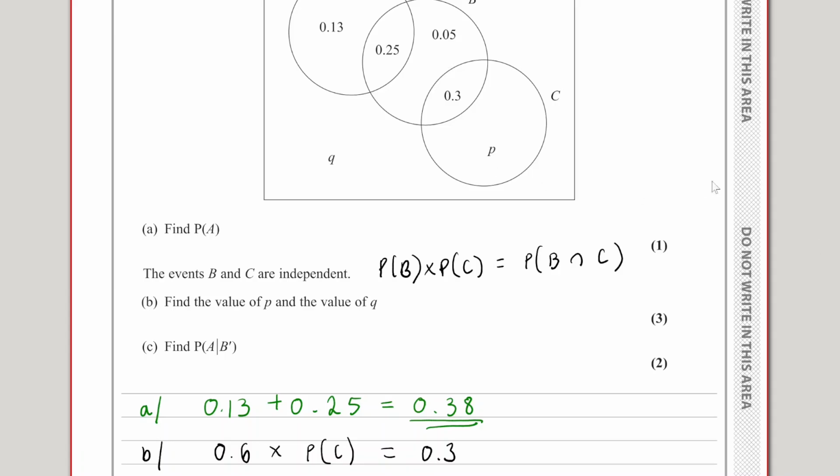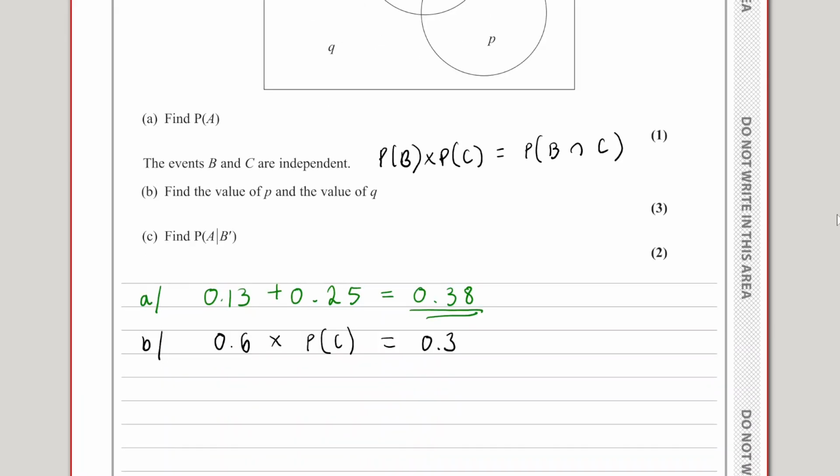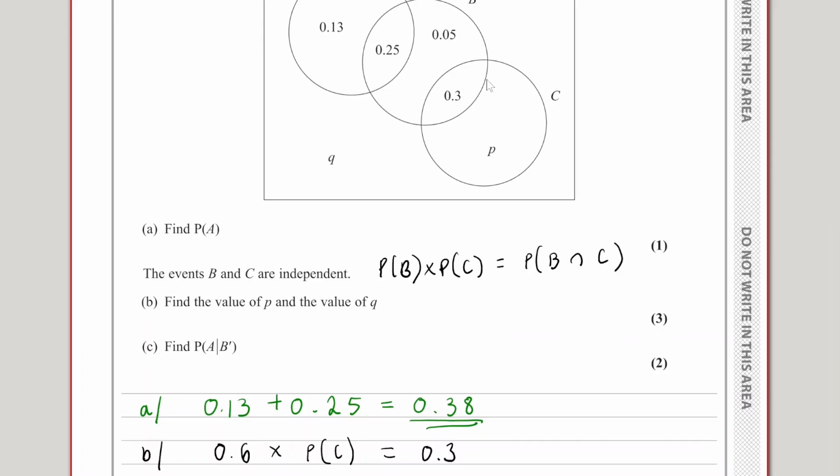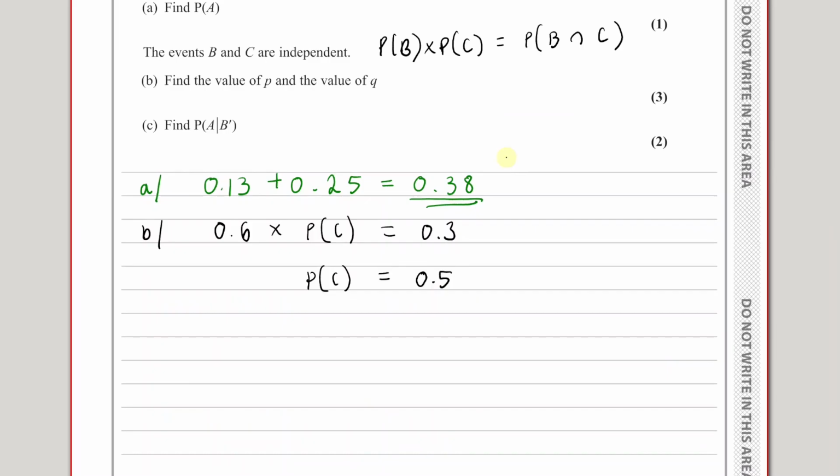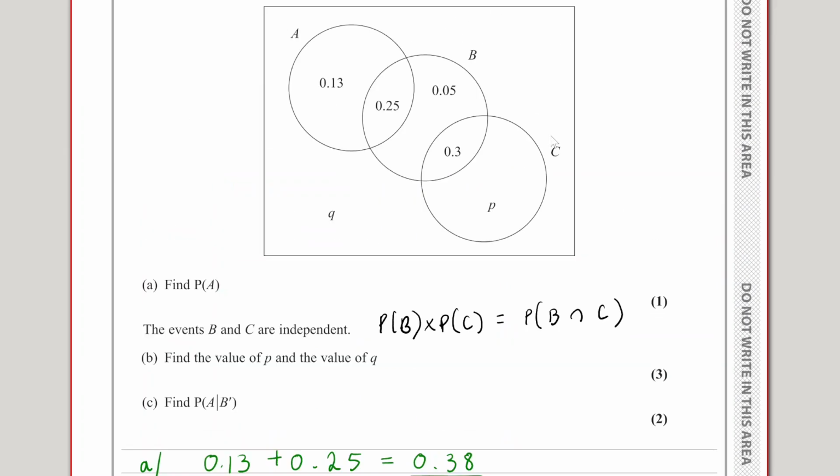And that means, divide both sides by 0.6. The probability of C is a half. And so P is half, take away 0.3, which is 0.2. So we know P is 0.2. The whole thing has to add up to a whole. So we add up what we've got here.